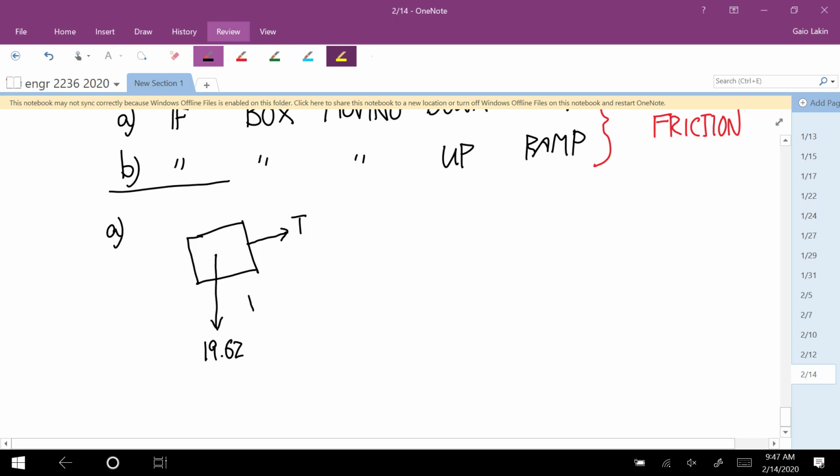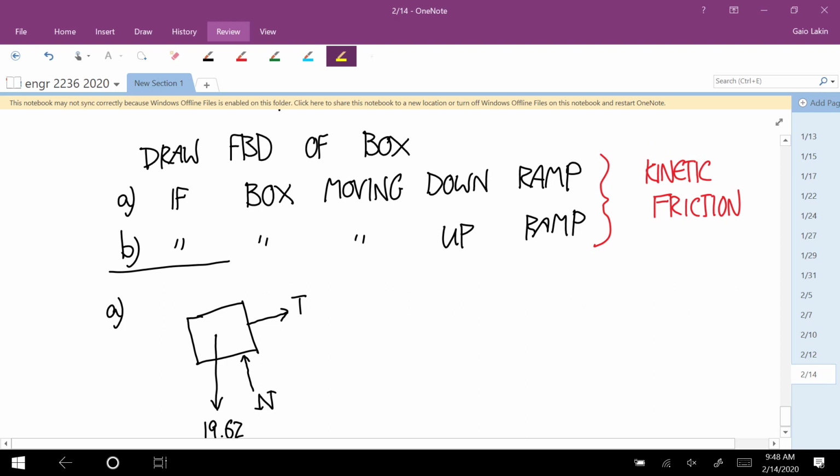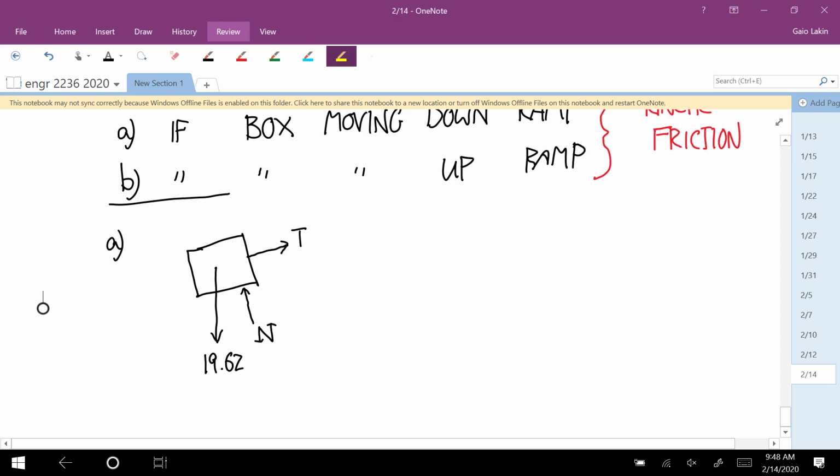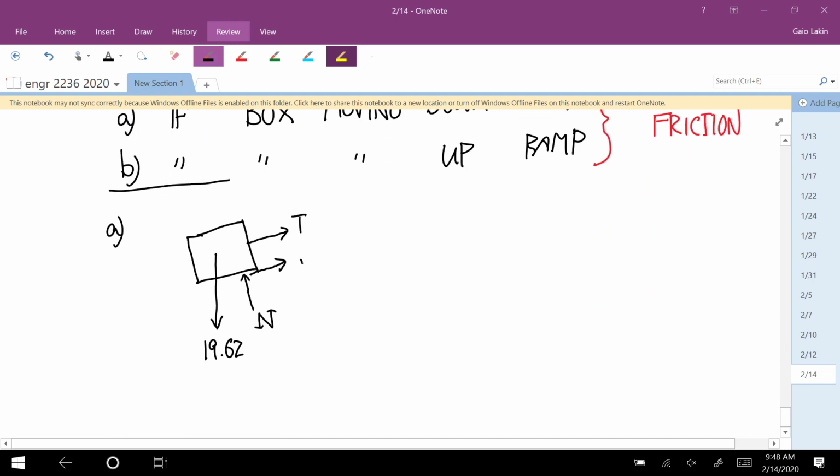There's a pushing contact, N. And now it says for part A that the box is moving down the ramp. So what's the direction of the friction force? Yep. So it has to be parallel to the surface, opposite the velocity vector. So this is going to be the coefficient of kinetic friction times that normal.